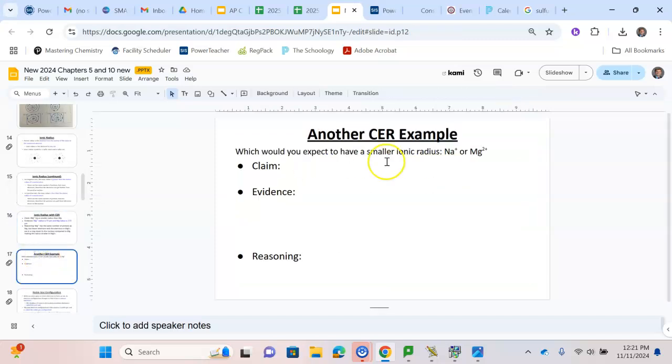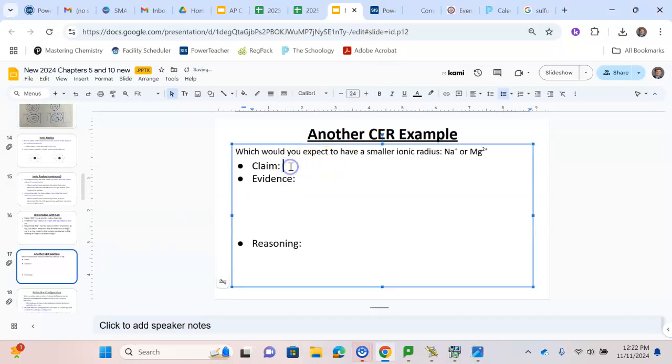How about this one? Which would you expect to have a smaller ionic radius, Na+ or Mg2+? This one's a little bit trickier because both sodium and magnesium are in the same period. Let's start with the claim. Mg2+ has a smaller radius than Na+.